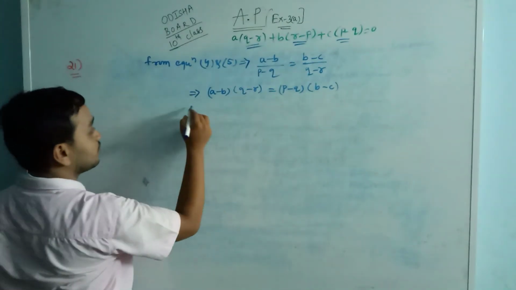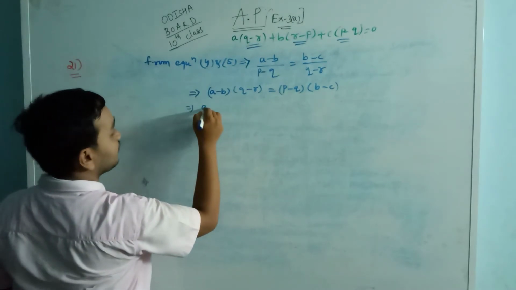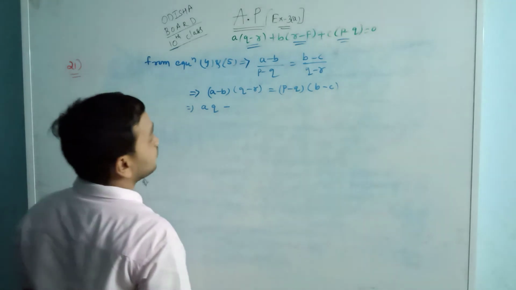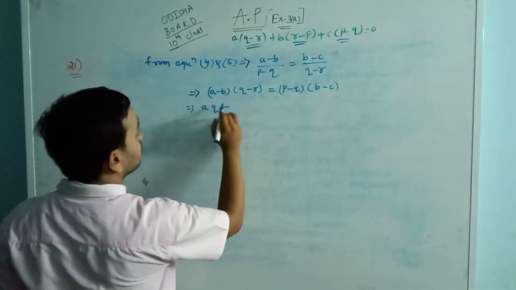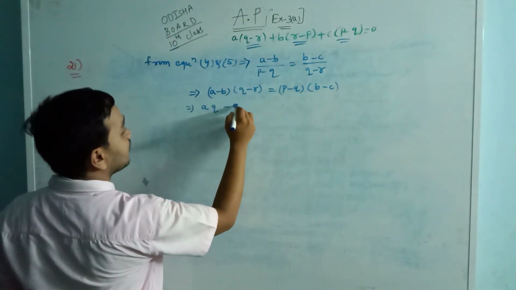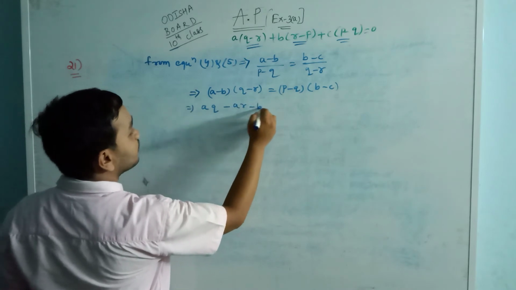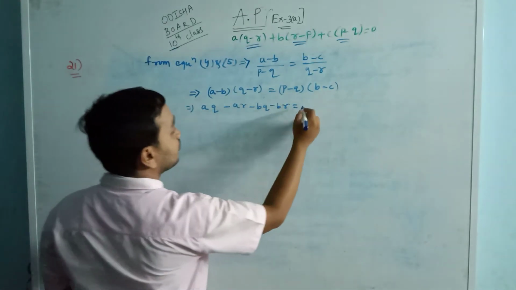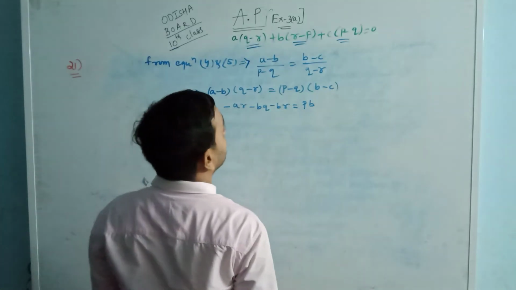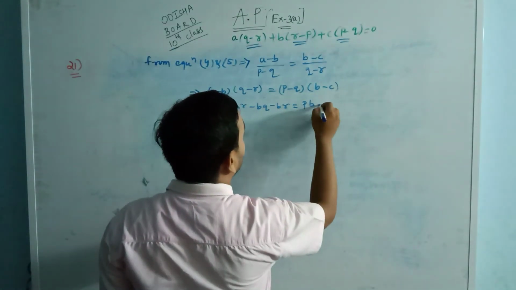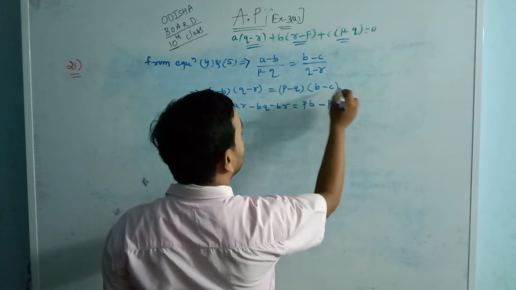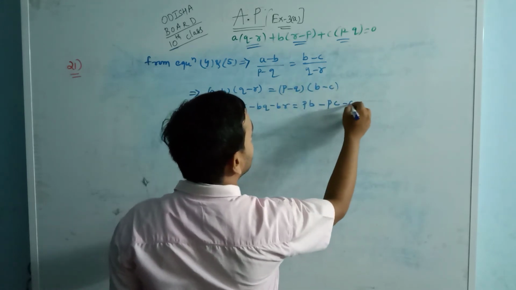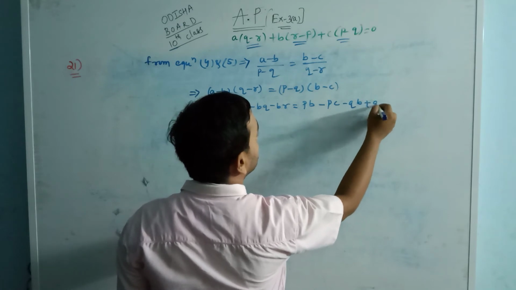Now solve this. Aq minus ar minus bq minus br is equal to pb minus pc, pb minus pc minus qb plus qc.